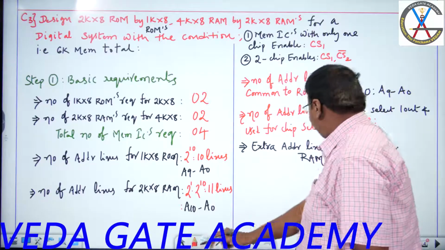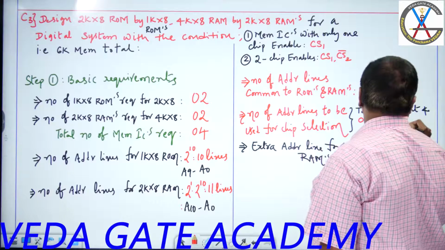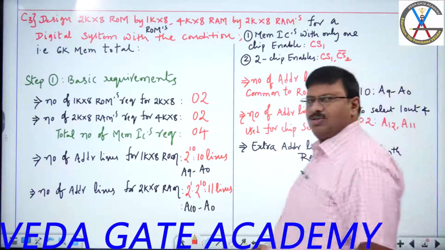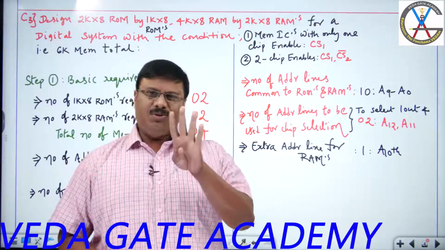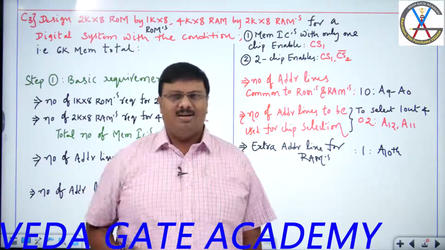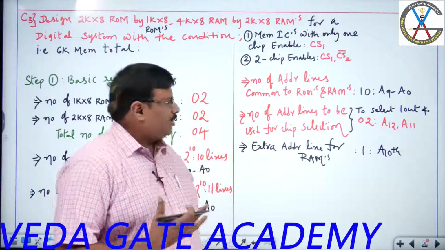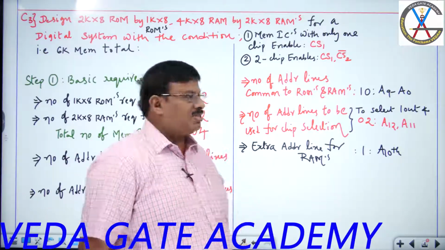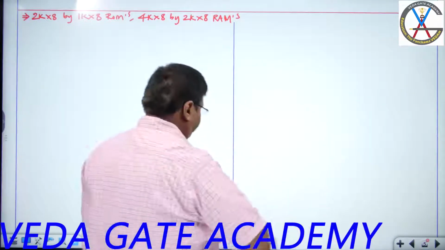So A11, A12 are used for chip enabling, memory IC identification. I have 4 ICs available. Only one must be able to work at a time. That is how I am using the extra A11, A12. I hope the basic structure, step number 1, the requirements are framed. Let's see step number 2.